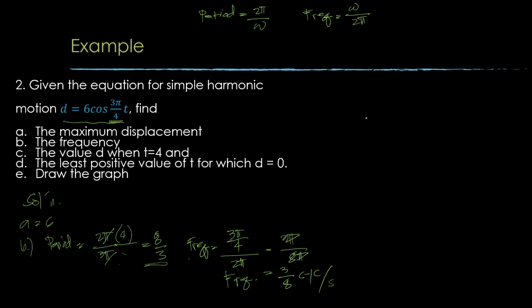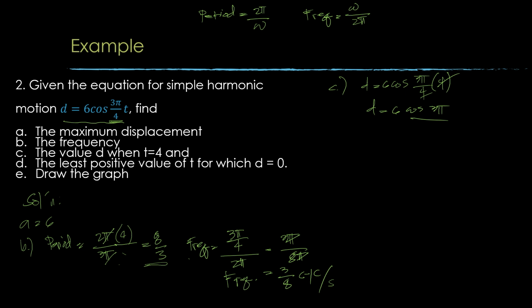Next, for letter C, we are to find the value of D when t is 4. Just substitute. 3 pi over 4 times 4, this cancels out. Your D is equal to 6 times the cosine of 3 pi. What is the cosine of 3 pi?